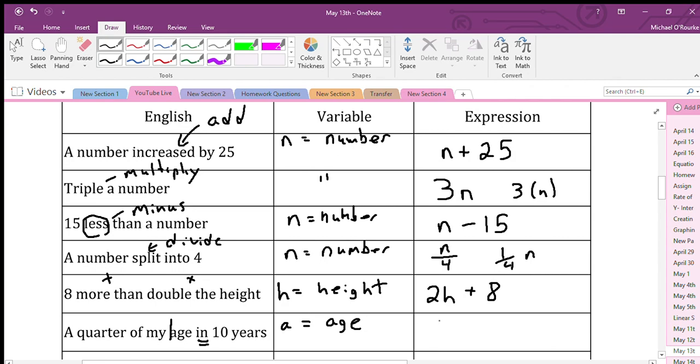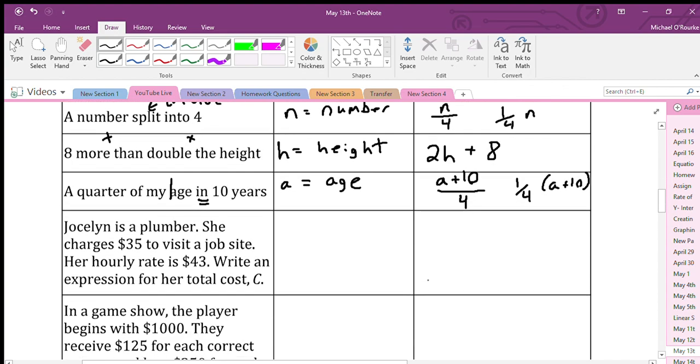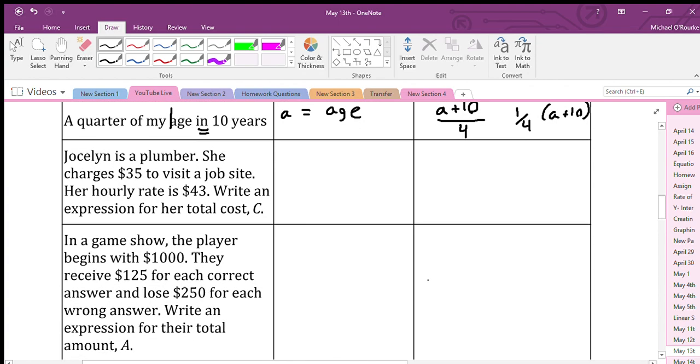Well, A plus 10 would be my age in 10 years. And then a quarter of it, divide by 4. Or it could be 1/4 times A plus 10. My age in 10 years is A plus 10, and for a quarter we divide by 4.